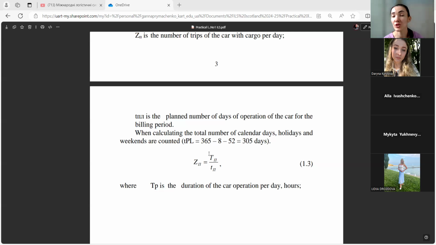We have T big, it is duration of the operation per day, and we have T with index, maybe the same, PL, but I don't correctly rewrite it here. Excuse me, so we use our times in one day to this day and have that with index pair.